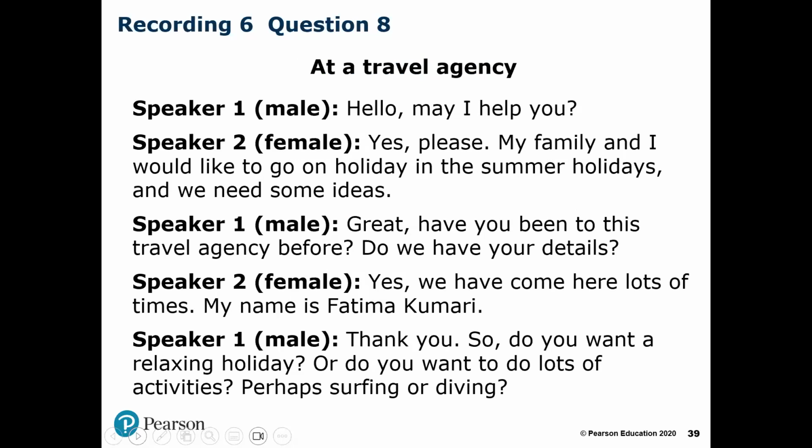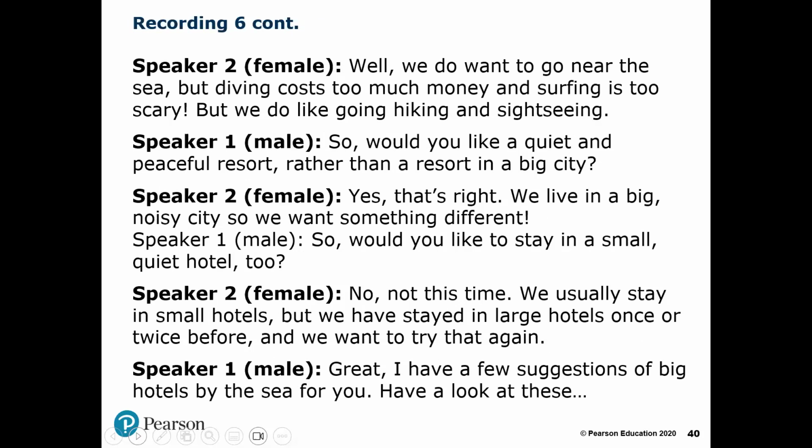So recording 6 then, and this is going to be question 8. So we've got the conversation that you see there. And it continues, you see, so we're picking up the level of demand and hence the memory load as well.